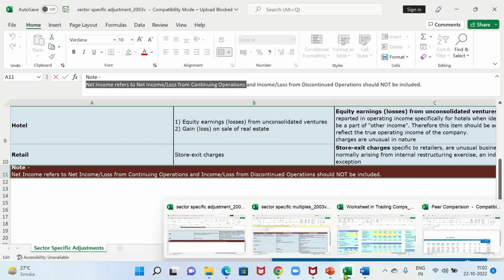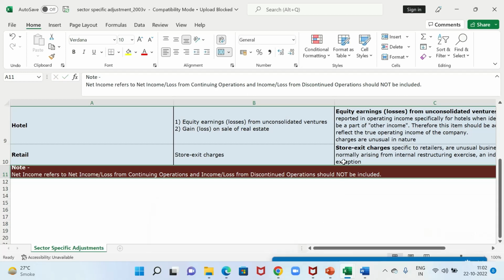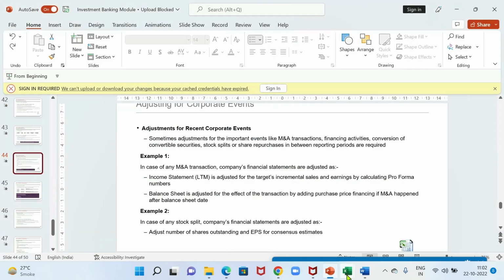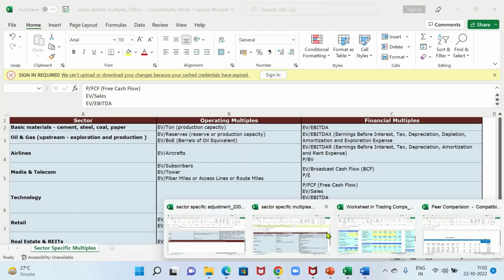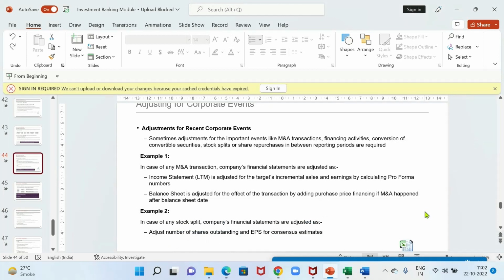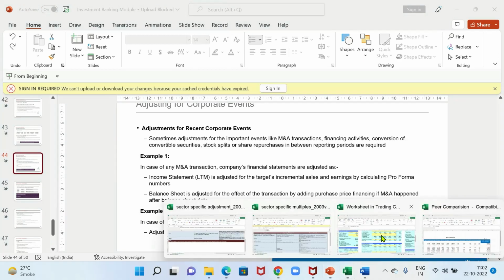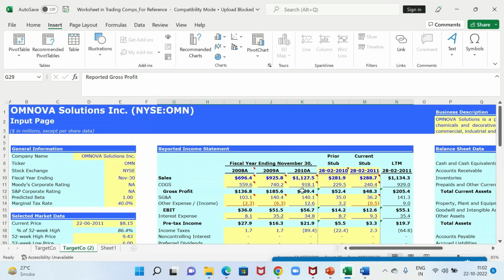Sector specific adjustments you are aware of now. Now let's start with creating these models. I'll quickly walk you through how things are. What is this model? I'll give you one of the models for your practice.